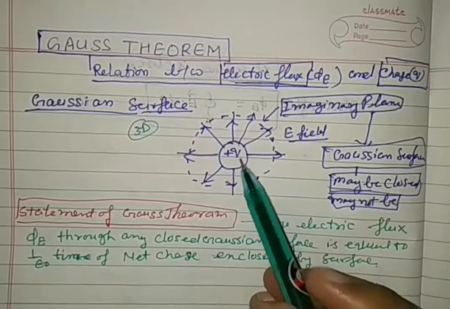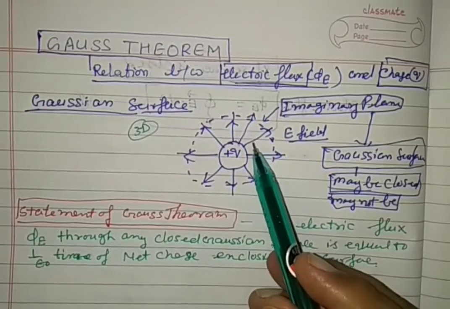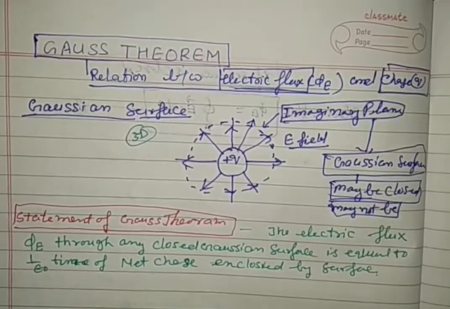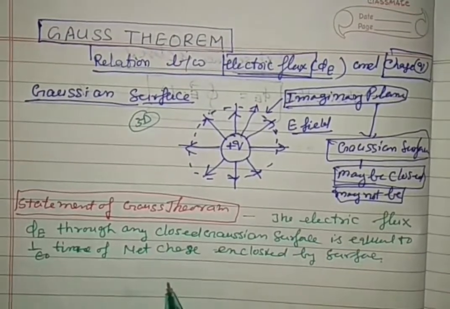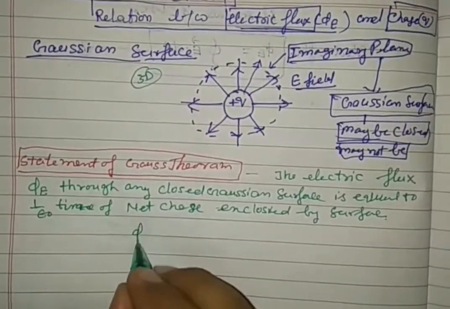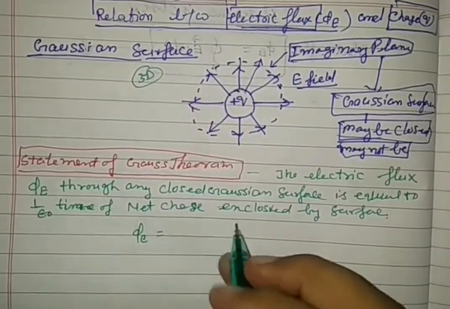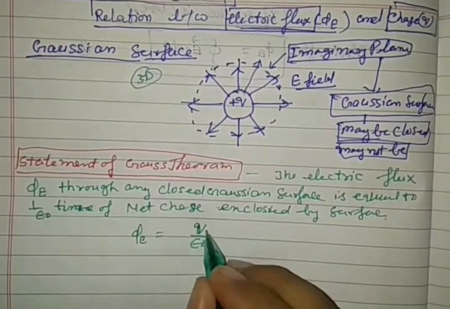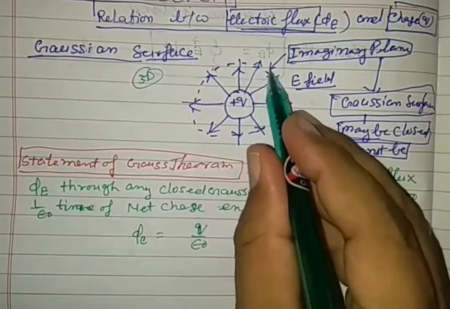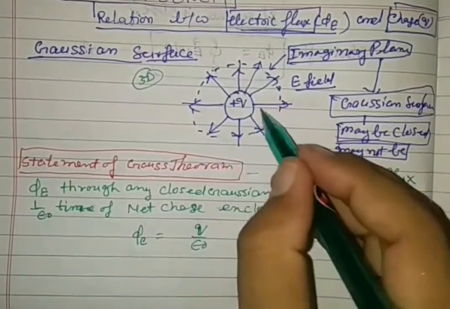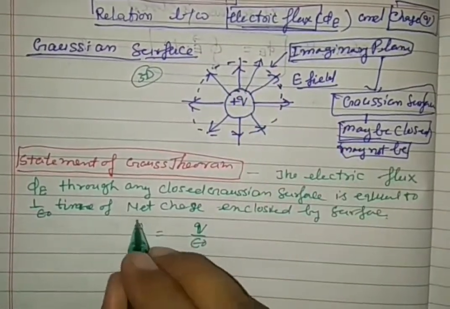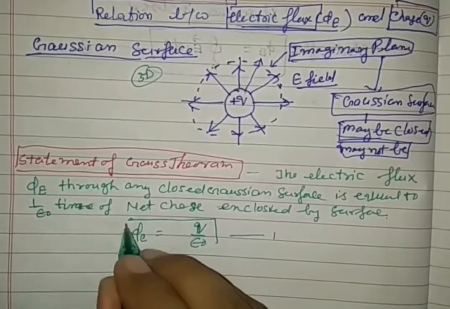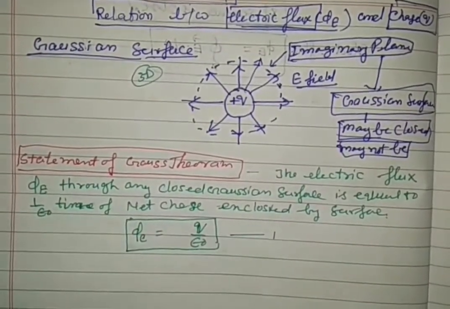Same as electric flux emits from a positive charged body, right? So total electric flux is given by 1 by epsilon naught times the net charge enclosed, it means inside the Gaussian surface. This is the Q. Write it as equation number 1. This is the statement of Gauss theorem.